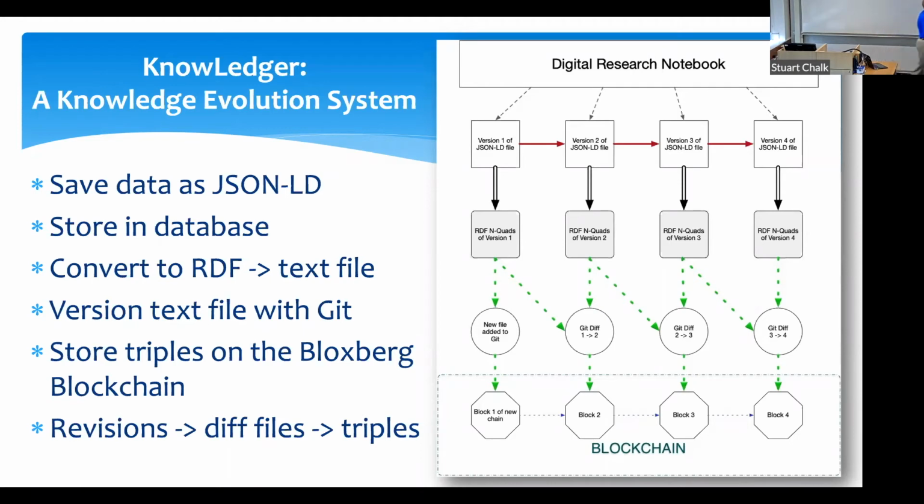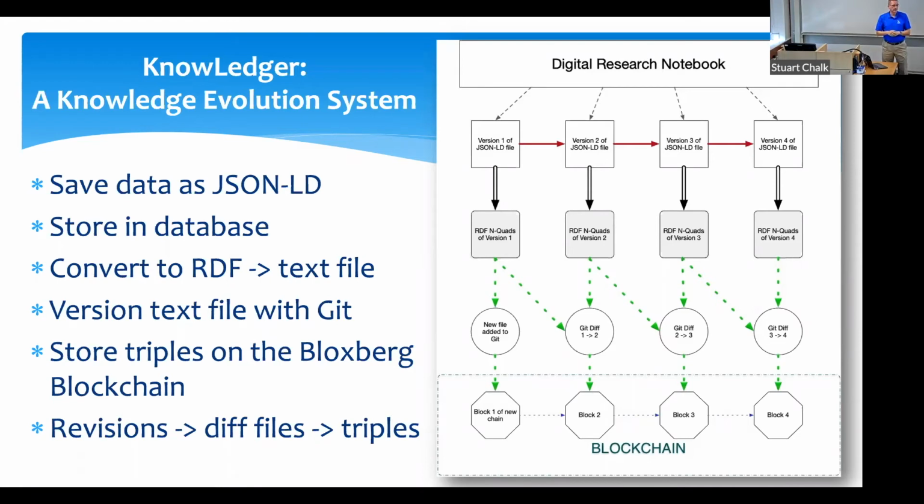The idea is this: we start out with a template JSON-LD document, which we can populate with data. The interface is what we use to populate the data. After a certain period of time with no activity, the file gets saved in MongoDB. We then immediately take that file and convert it to triples. So the template file, with whatever small amount of data is in there, is converted into triples, and we store those triples in a text file, with one triple on each line.